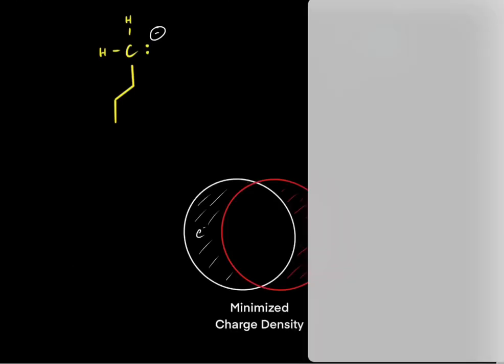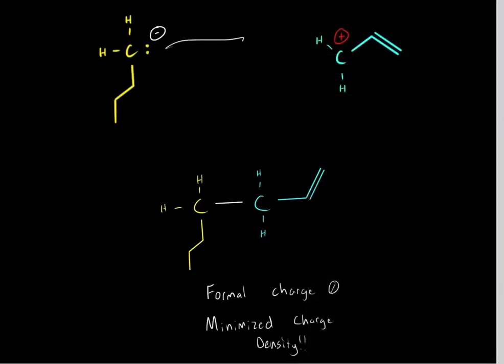However, if these 2 carbons react with each other, they essentially form a bond and they destroy that localized charge, because now if you were to see the formal charge of this carbon, it would be 0. And the formal charge of this carbon would be 0. So we've essentially destroyed that localized charge, and now we have this neutral molecule. So we've minimized charge density. So this is energetically favorable.